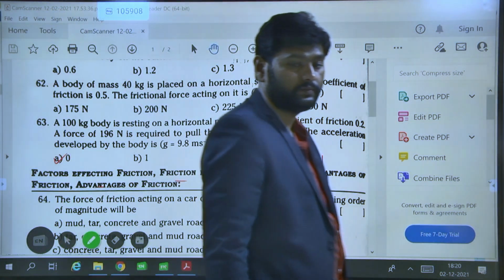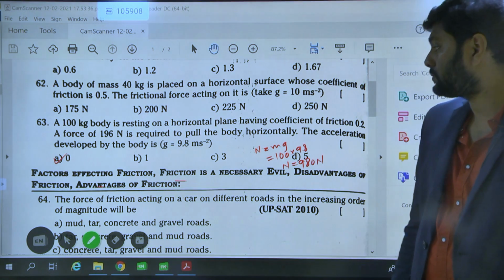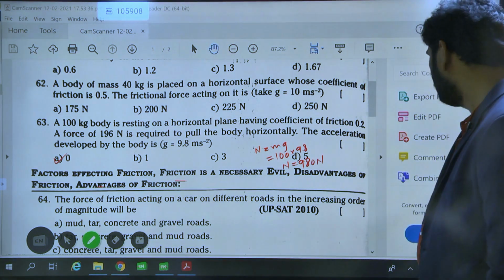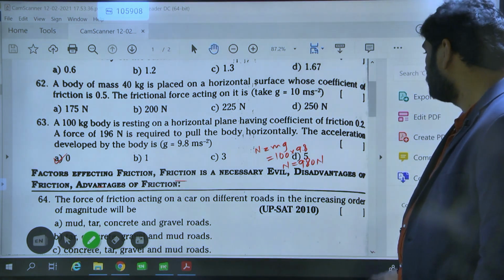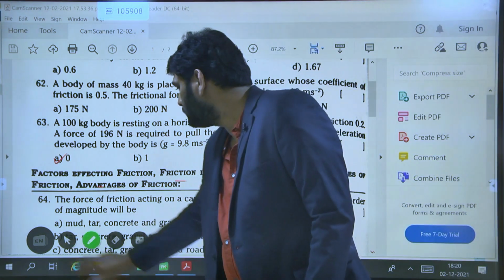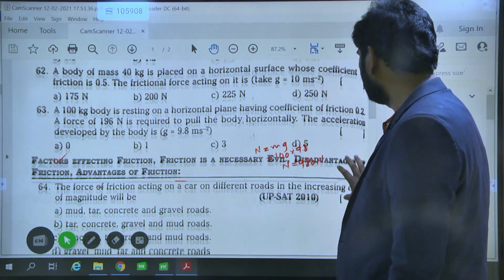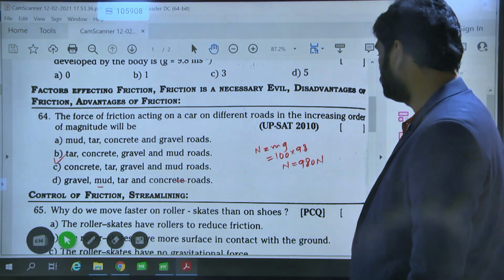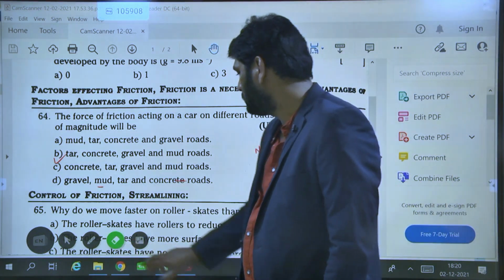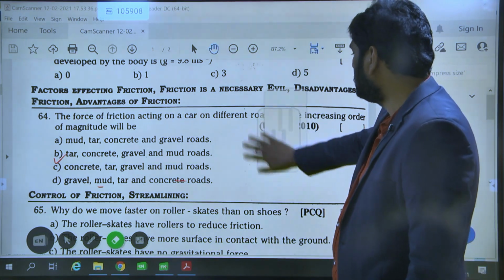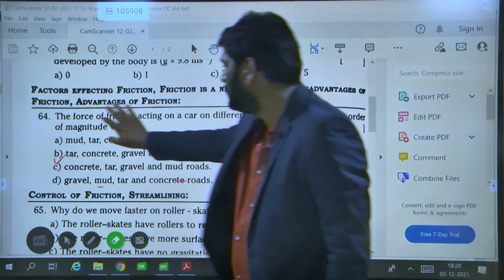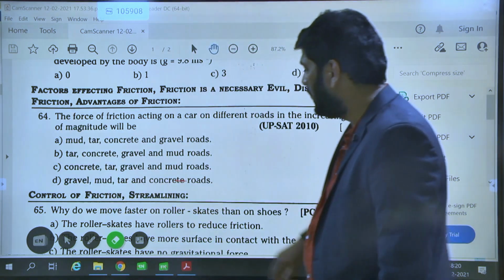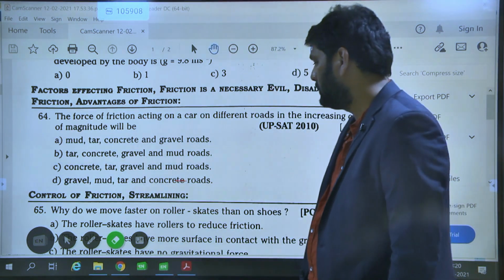Note it down, make it fast. Sir, I cannot. You will write the... No, sir, I mean, you want this one?